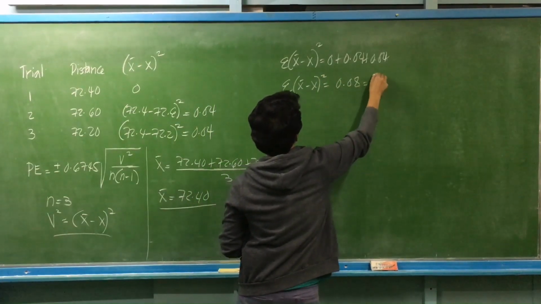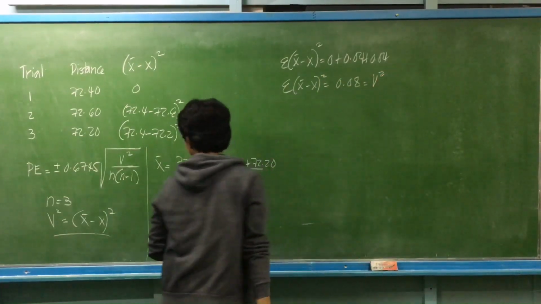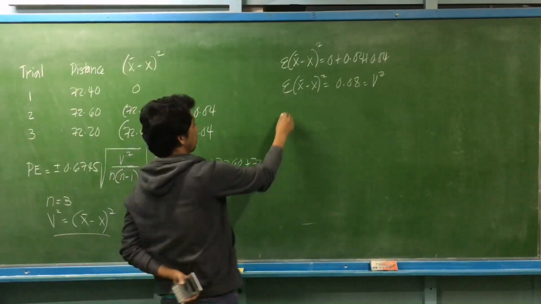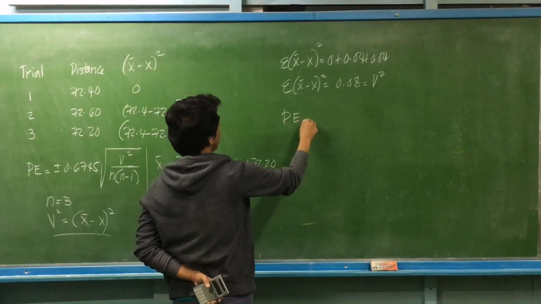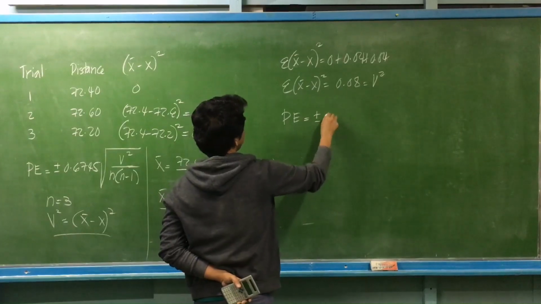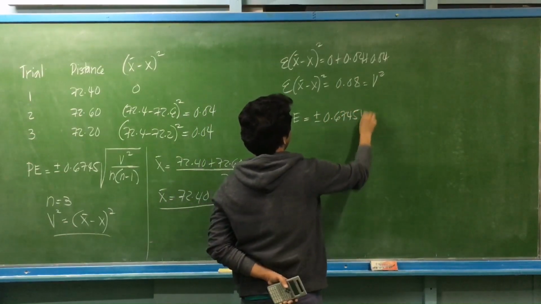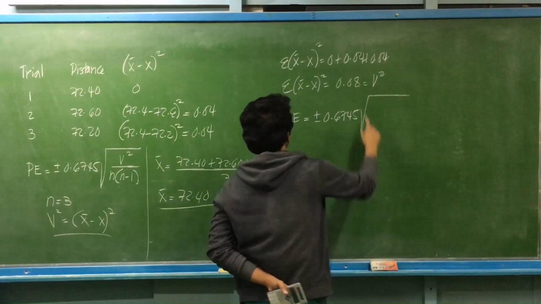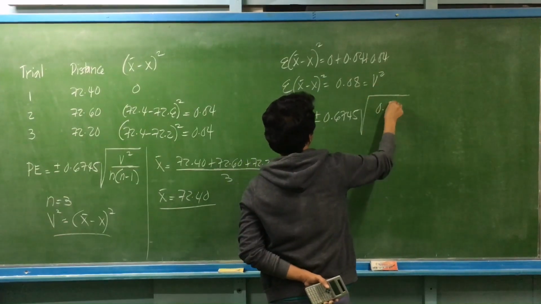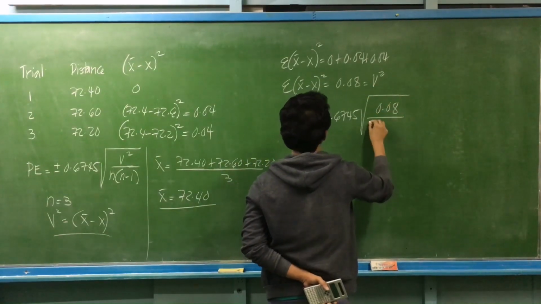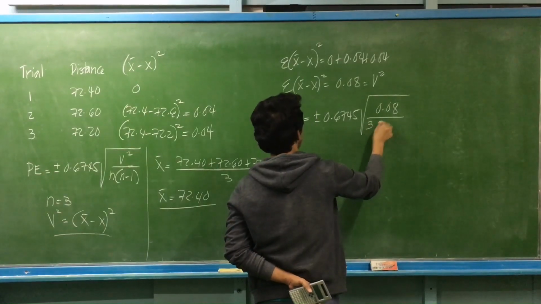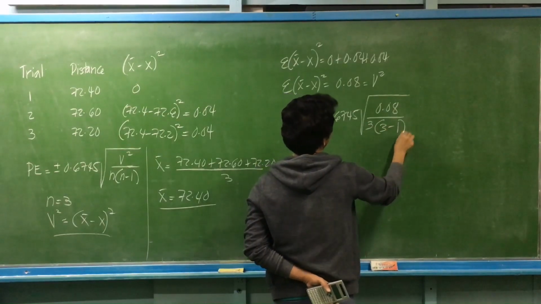Okay, that's the same as our b squared. So kunin natin yung probable error. The probable error is equal to positive or negative 0.6745 multiplied by the square root of b squared, we have 0.08, divided by number of trials, we have 3 times 3 minus 1.